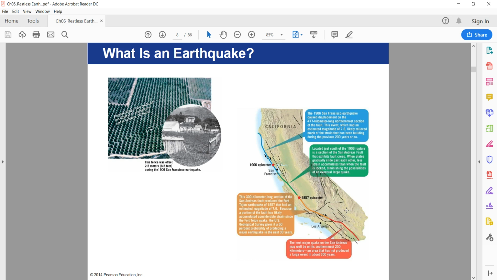The energy has been building up, and it has been 300 years since a major earthquake event occurred. So a lot of energy has built up around this area. The next earthquake event will be extremely devastating in nature, because it is believed that a lot of energy has built up which has not been released even by means of fault creep. There is not even a smaller earthquake event that has occurred in this area. So it is expected that the next earthquake event will be highly destructive in nature.